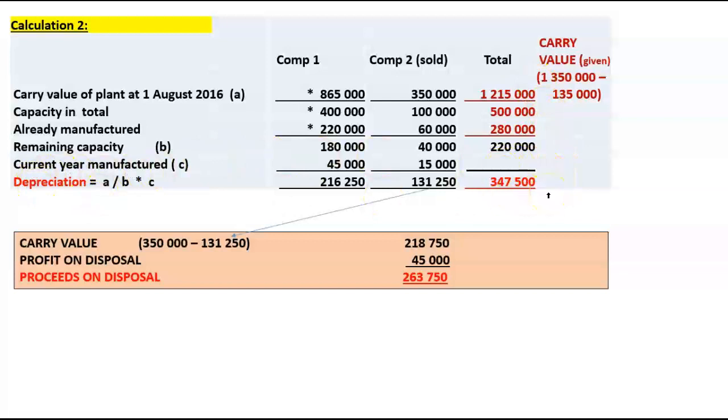347,500. Now, the component which was sold, what was the carrying value of this component at the date of sale? Well, the carrying value at the beginning was 350,000, less the depreciation on that component for the year, 131,250. That would have given us a carrying value of 218,750.